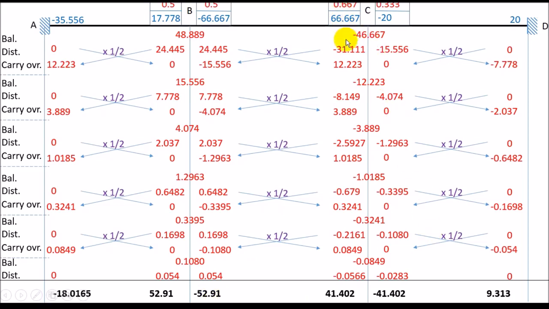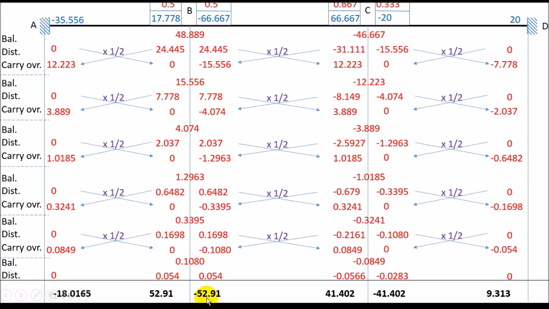Again same thing to be done here, and you have to start your addition from your fixed end moments, and you have to add all the values right to the last step, right to the distribution step.